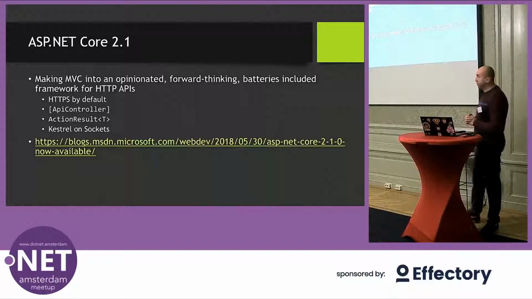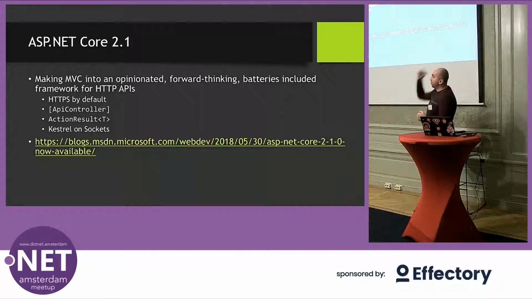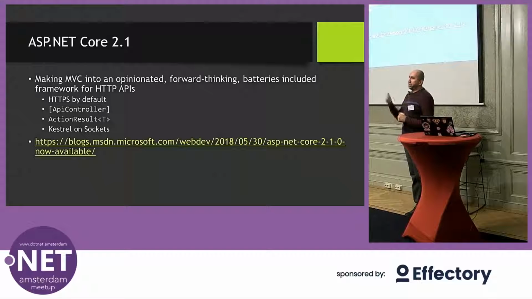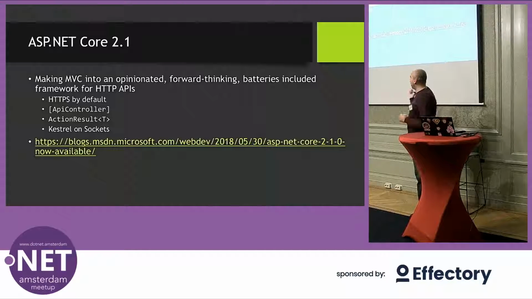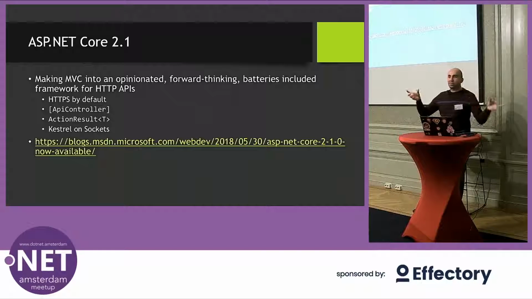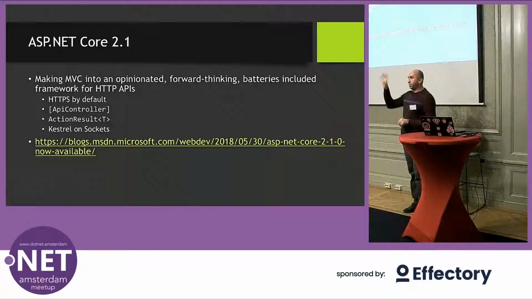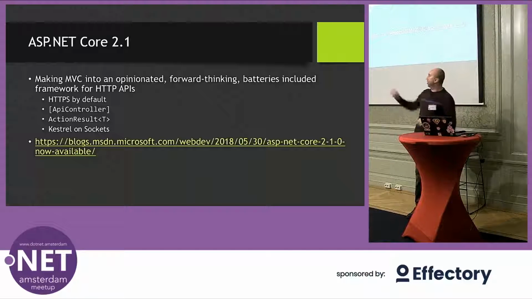Another new thing is API controllers. ApiController is actually an attribute that you can add on top of your controller. I don't know how many of you have worked with the old ASP.NET versions. When ASP.NET Web API was introduced, you had two different stacks, basically. ASP.NET MVC had a Controller base class. ASP.NET Web API had an ApiController base class.